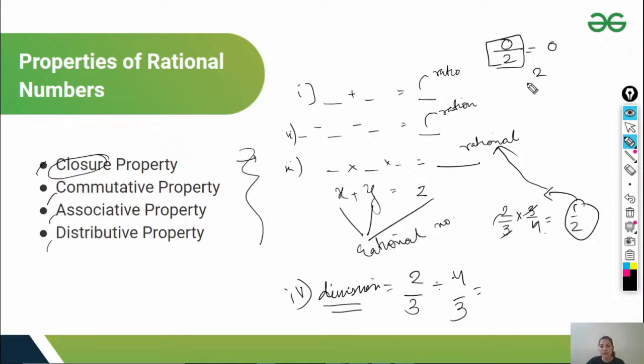But what if I write 2/0? This is a not defined condition. So here is the constraint: we cannot say that all divisions would result in a rational number.